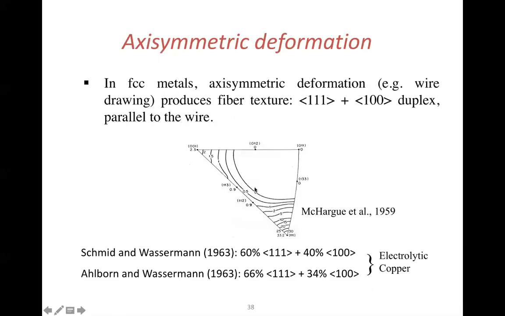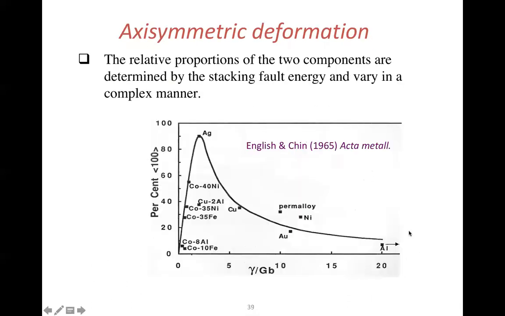And how strong this texture that develops is a function of a lot of things. You can imagine it's going to be a function of the strain, but it's also going to be a function of maybe say the work hardening behavior and the recovery mechanisms that are possible that are going to affect which slip systems, which families of slip systems become active.